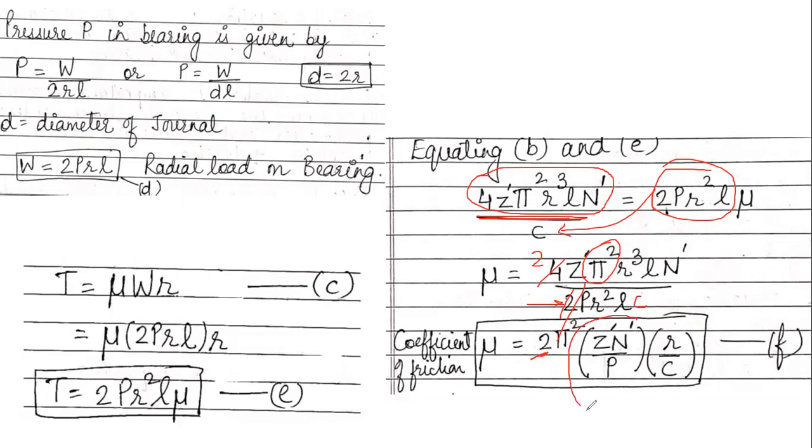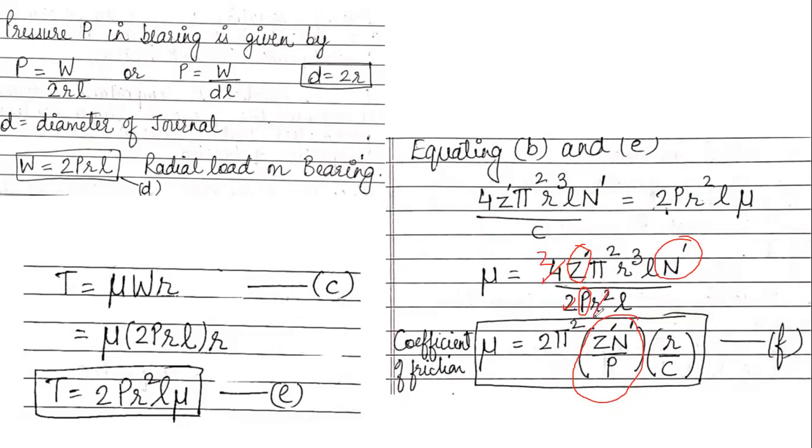I'm going to bring the dimensionless number near to each other. So you can see the dimensionless number that I have brought near is z dash n dash divided by p. So that is this one, z dash n dash divided by p.